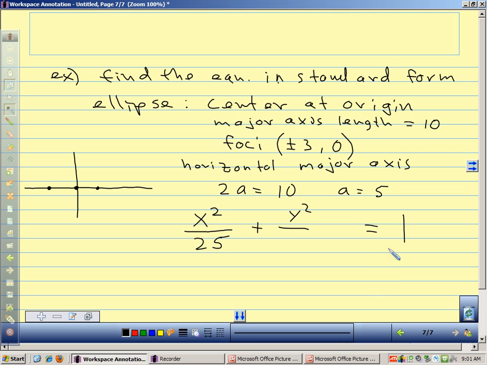So to go under the Y, we need to figure out B. Well, what other piece of information do we have here? We have the focus is 3 units over from the center. So that's 3 units. So what is C?